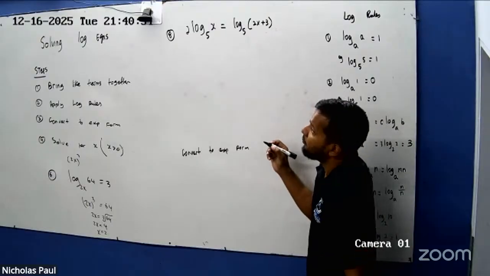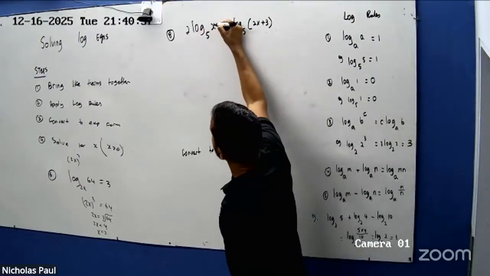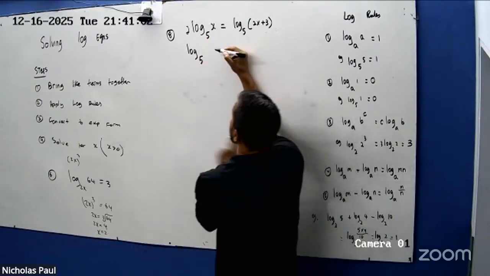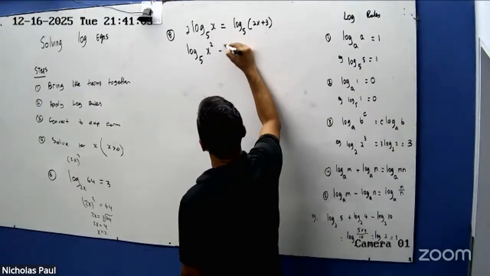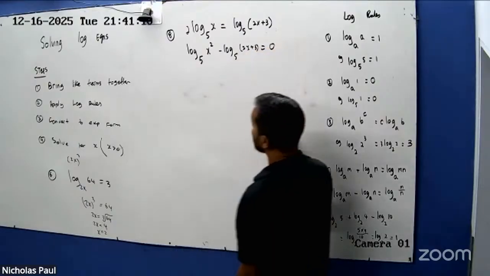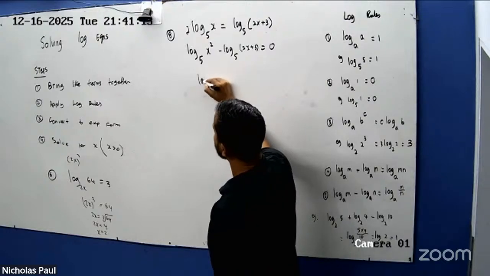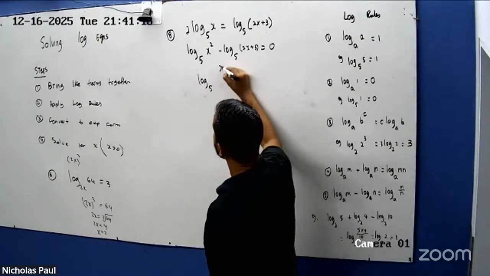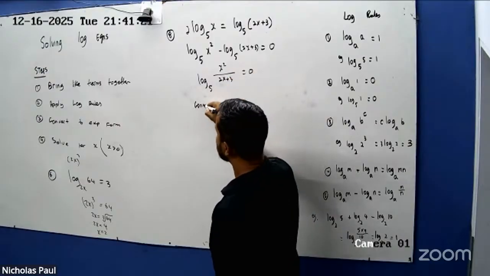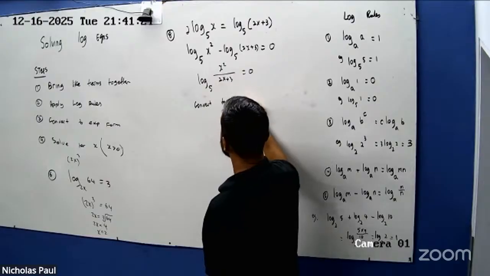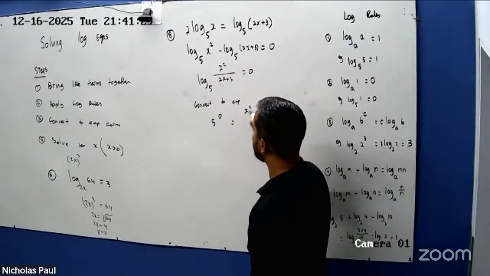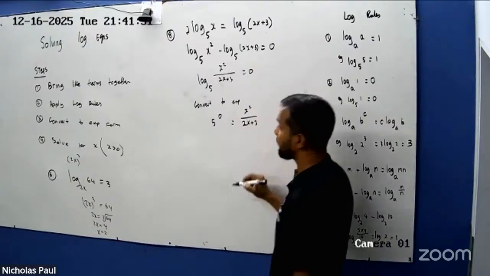All right, so let's take a look at it. So I can bring it to one side, right? Log to the base 5 of x squared, bring across this, you'll get minus log to the base 5 of 2x plus 3 is equal to 0. Same base, subtract sign. You'll get x squared over 2x plus 3 is 0. Next, you could convert to exponential form. That will be 5 to the 0 is equal to x squared over 2x plus 3.